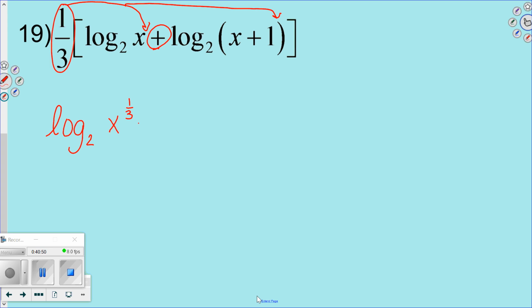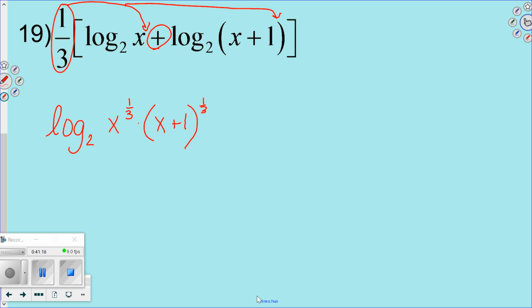The 1/3 was in front. We're condensing, and then we're going to have x plus 1. That also goes to the 1/3. It just means the number out in front just got distributed to both parts. Now, I can't leave an exponent that's a fraction.